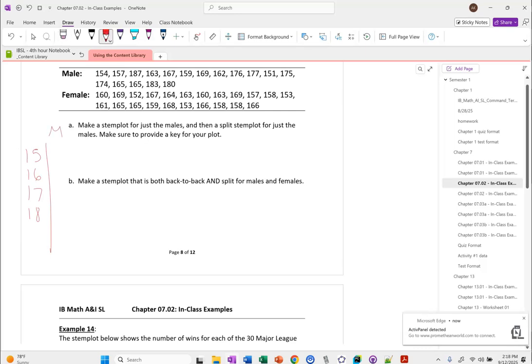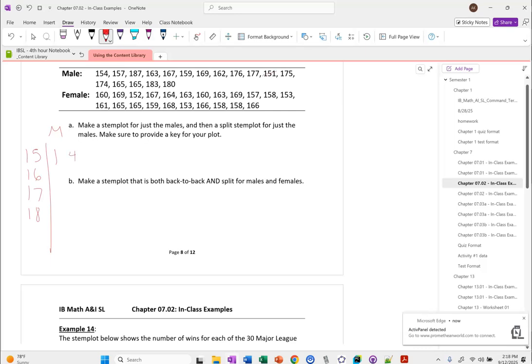So when I list my leaves for the 150s, what order do they have to be in? It has to start small next to the stem and get bigger. Do I use commas? No, no commas separate anything.